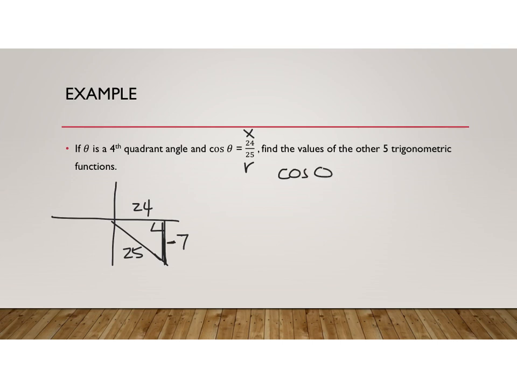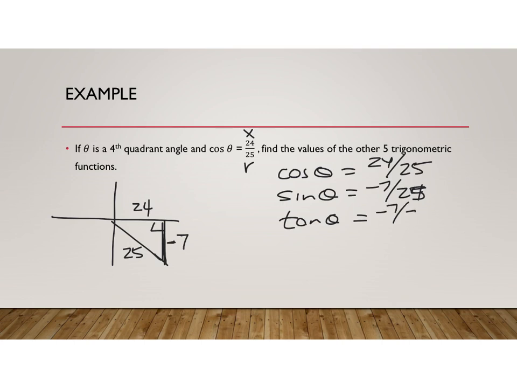So then again, I'm going to do these in this order again, staying consistent. Cosine is 24 over 25. Sine is y over r, which would be negative 7 over 25, sorry. Tangent is y over x, which would be negative 7 over 24.